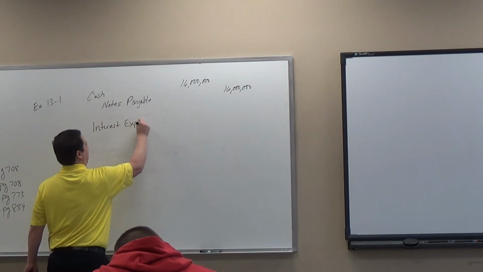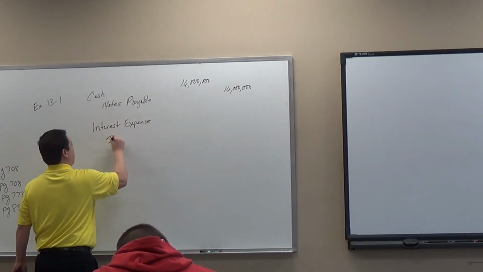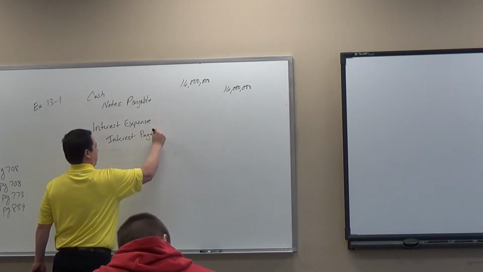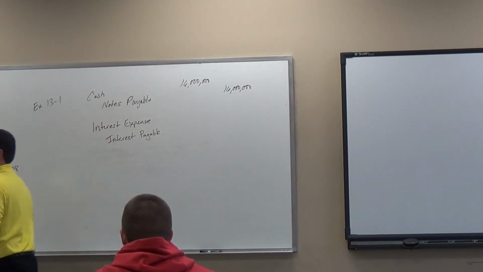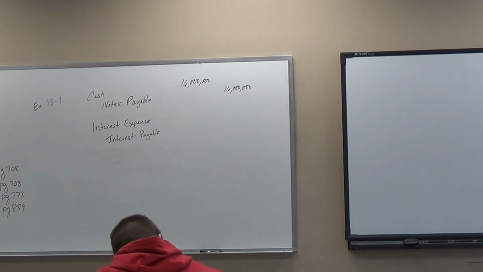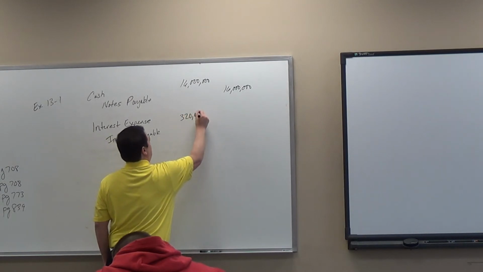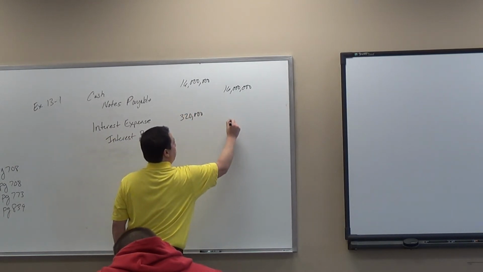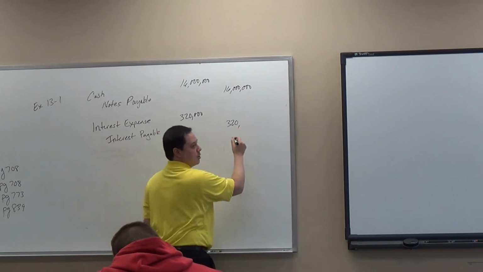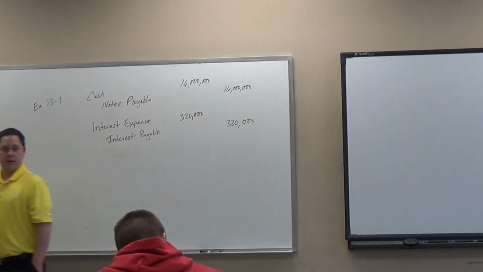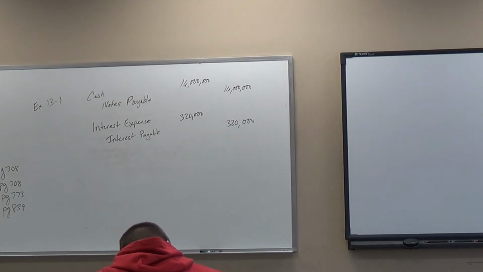Want to take a stab at it? $320,000. Sounds good to me. Get that? He did 16 million times 12%, and multiply that by 2/12 for the 2 months. Now you got it? Something like that? Yeah.